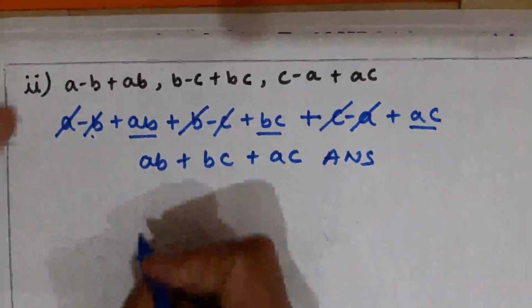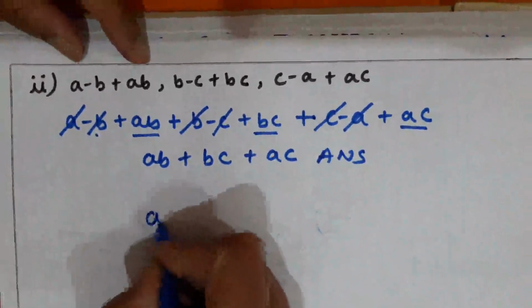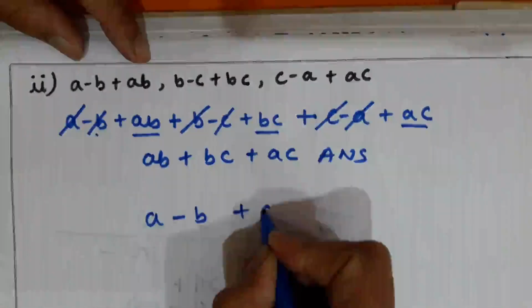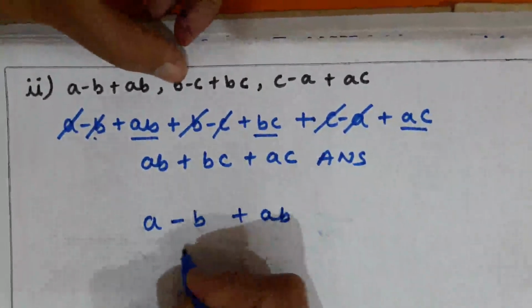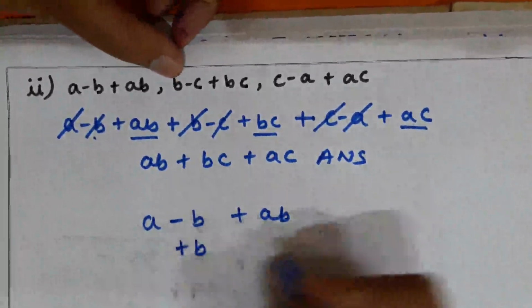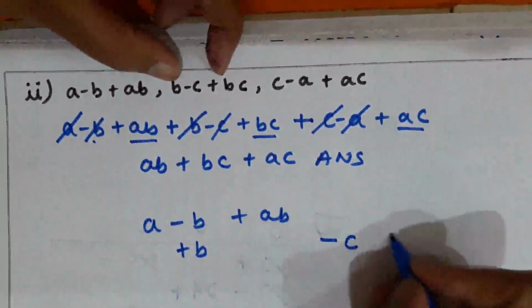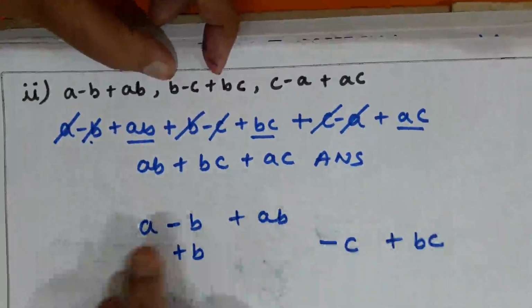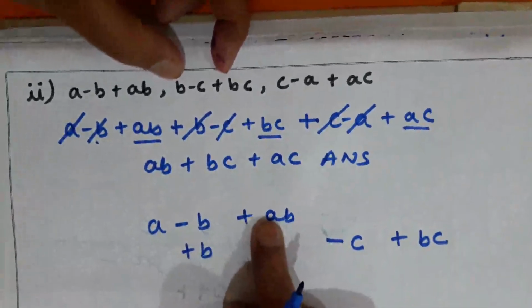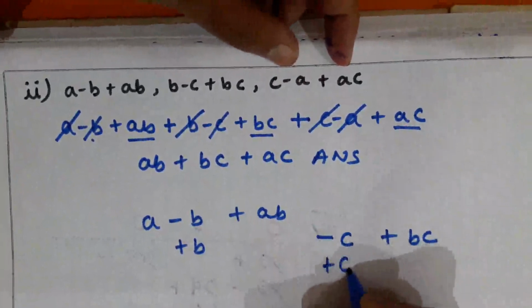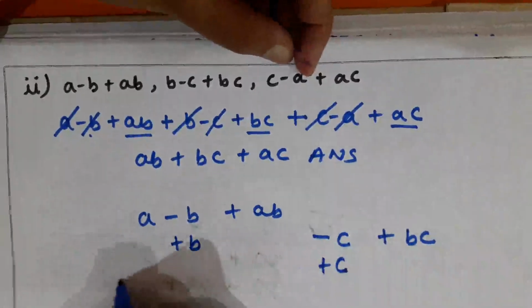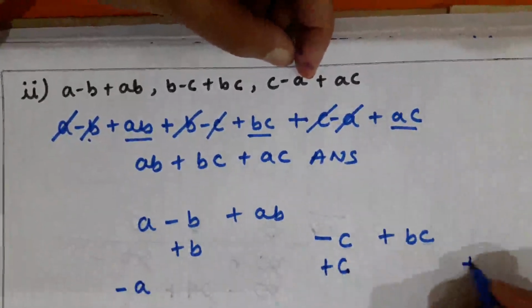Let's see how. Write this first expression, A minus B plus AB, then B minus C plus BC. Now B is there in the first, so you can write here minus C is outside, plus B is outside, because both are not in expression 1. Now C minus A, so plus C minus A plus AC.